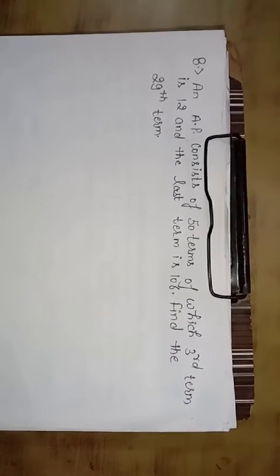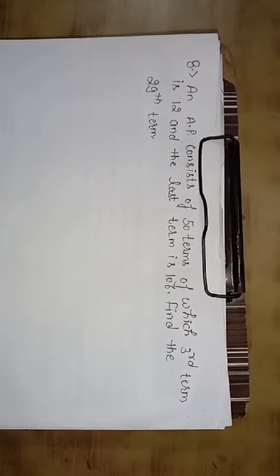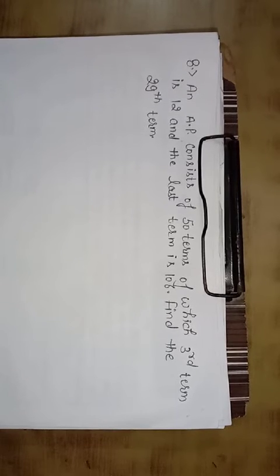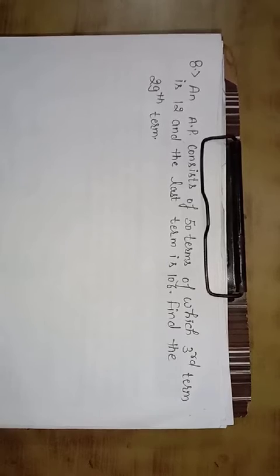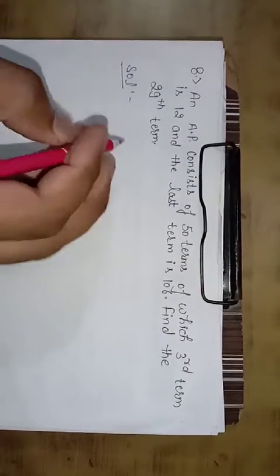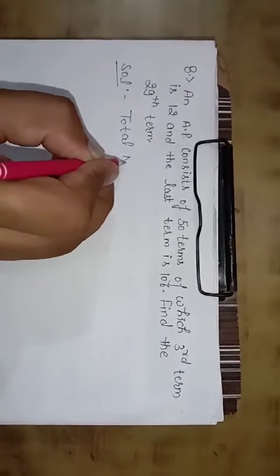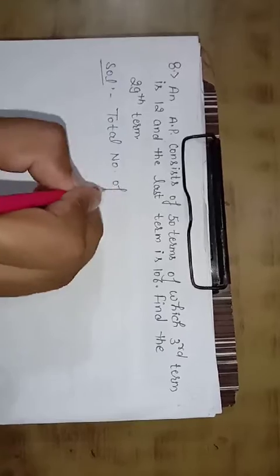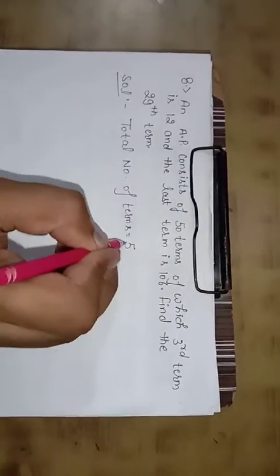Now students, question number 8. An AP consists of 50 terms, of which the third term is 12. Students, you are given an AP. The total number of terms is 50.